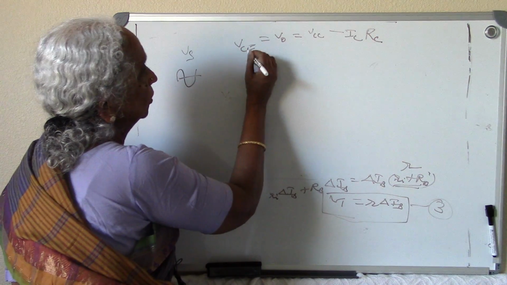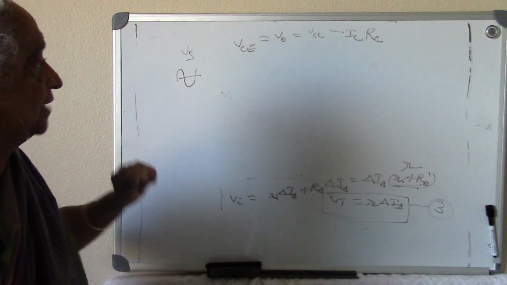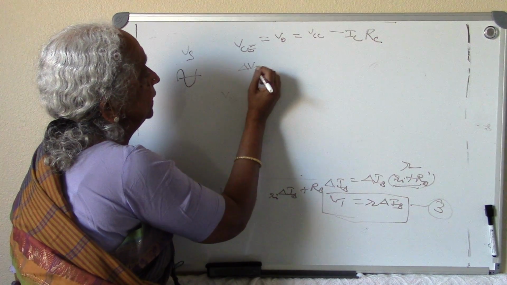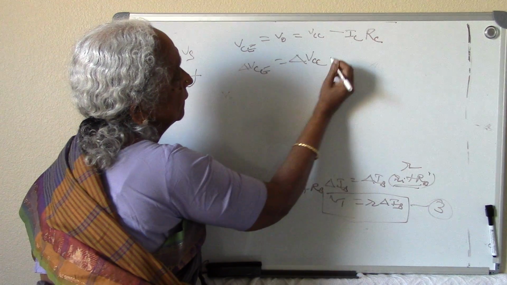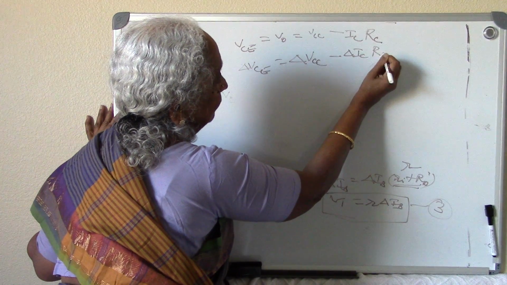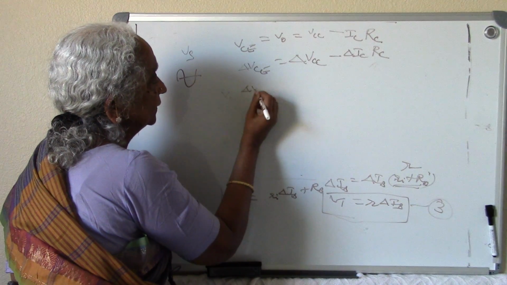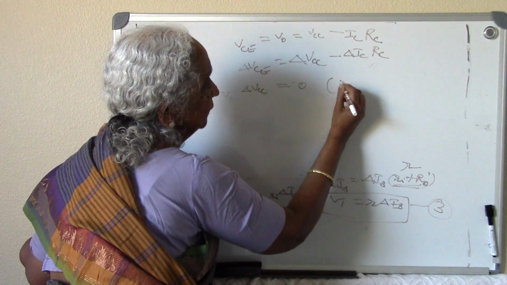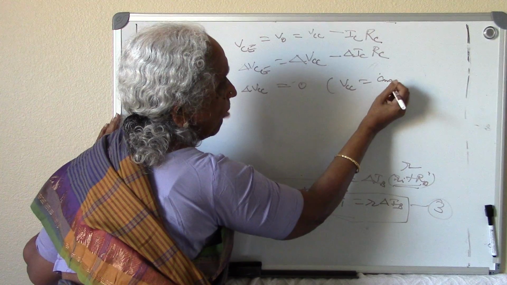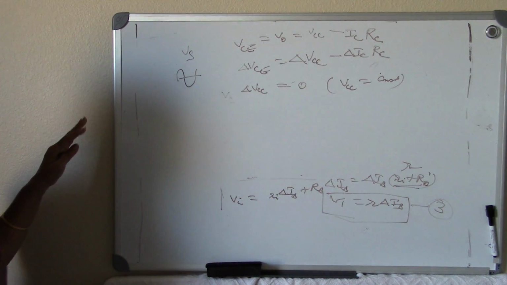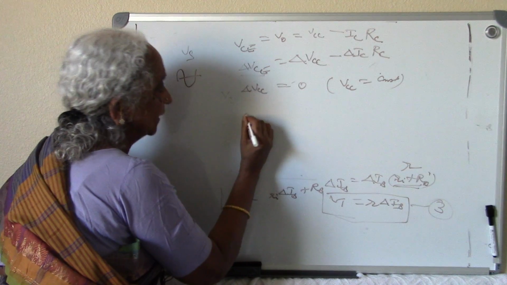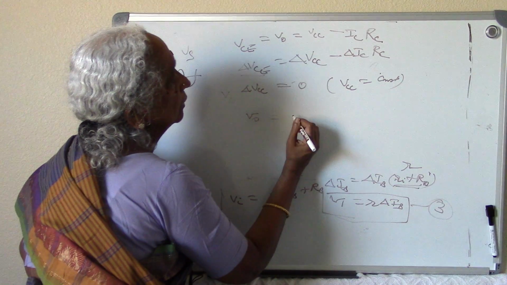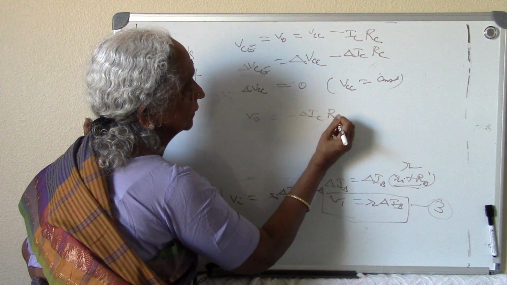Therefore, if you differentiate this, delta VCE equal to delta VCC minus delta IC times RC. Now delta VCC is going to be 0, because VCC is going to be a constant. But delta VCE is nothing but VO. Therefore VO equal to minus delta IC times RC.